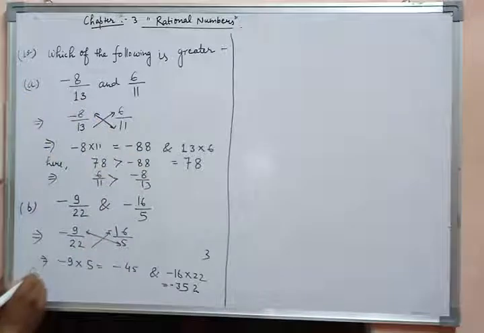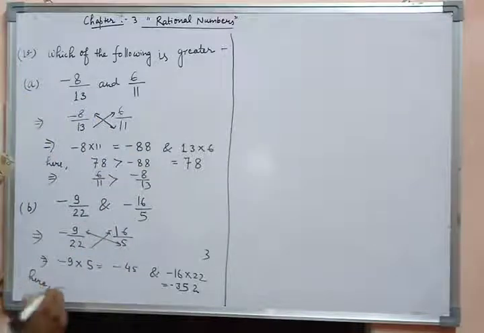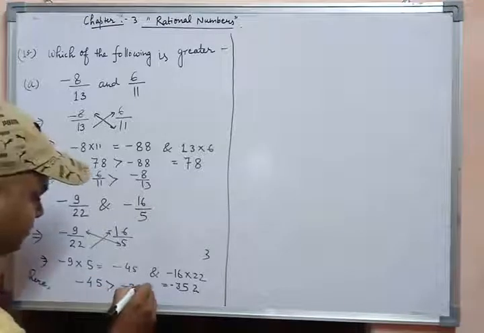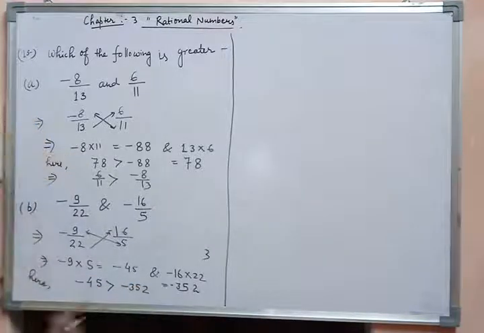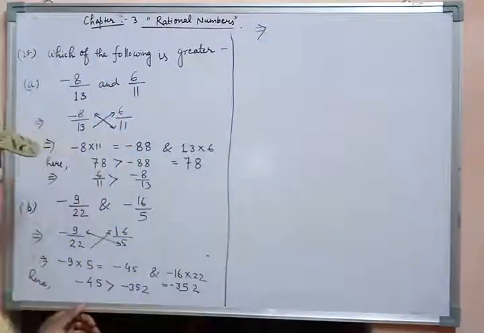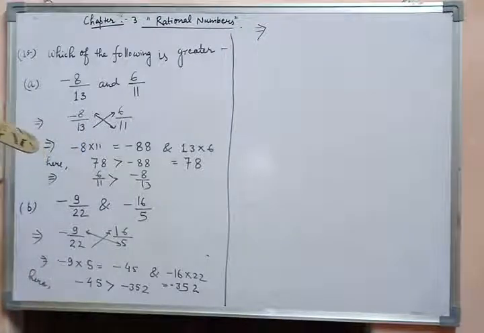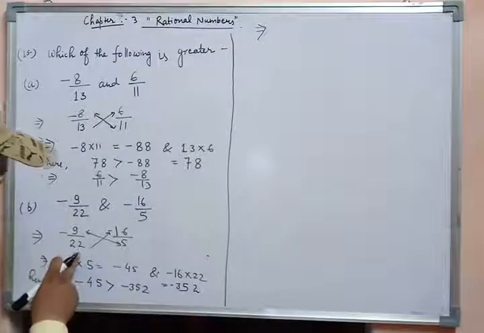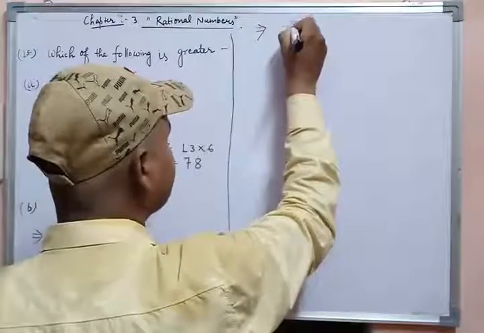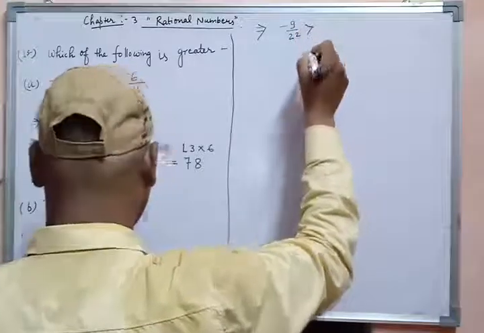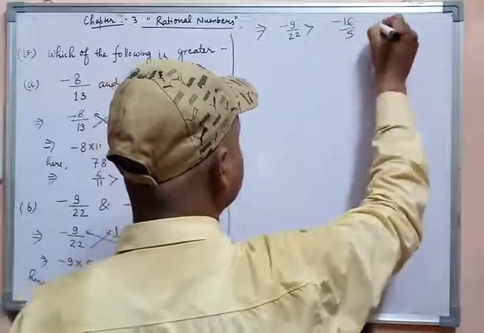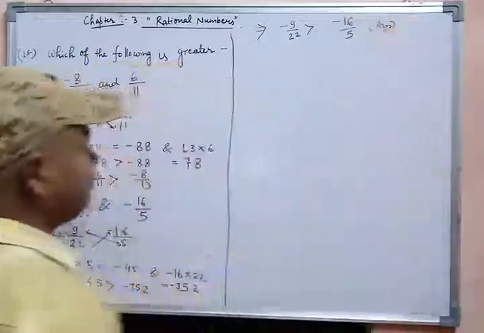So here minus 45 is greater than minus 352. So we can say that this rational number is greater than this rational number. Minus 9 upon 22 is greater than minus 16 upon 5. Okay, so this is the answer.